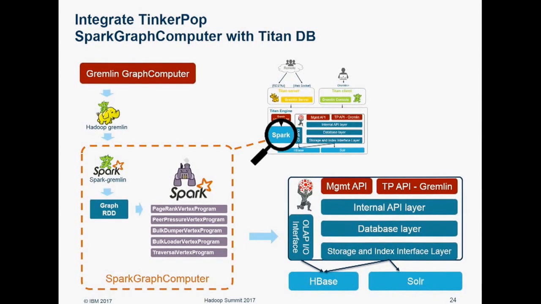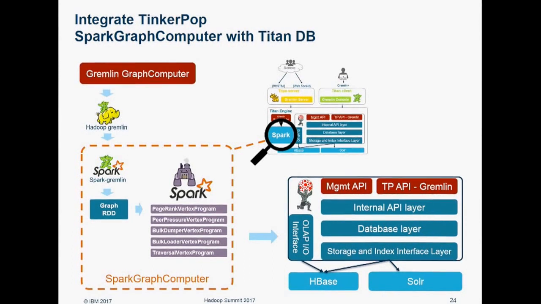So the Gremlin graph computer is an abstraction layer. You can plug in MapReduce. You can plug in Giraph, which is another Apache project, and also you can plug in this Spark graph computer. And then the graph processing job.